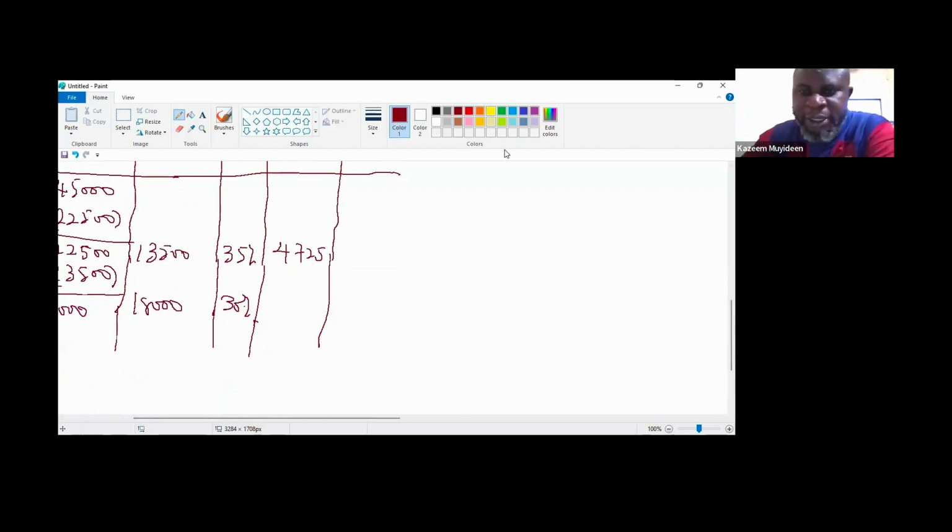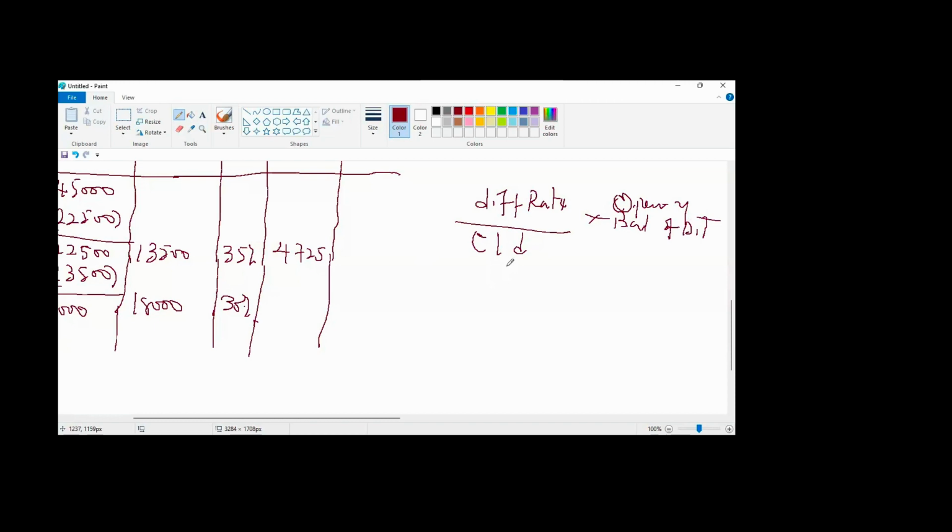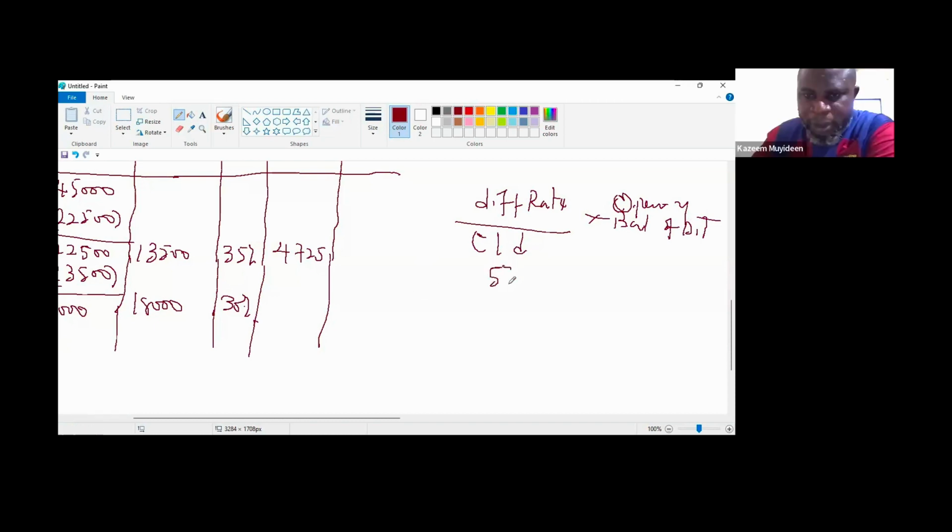I'll say difference in rates over old rate times opening balance of deferred tax. In case they did not request, I will now say, where's the rate? 35 minus 30, that will give me 5%.